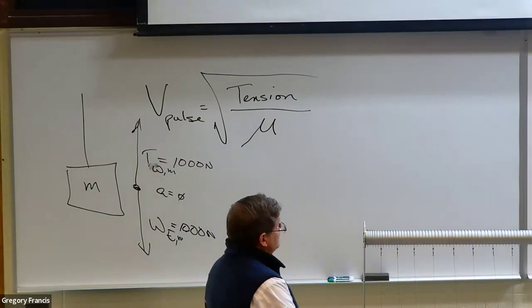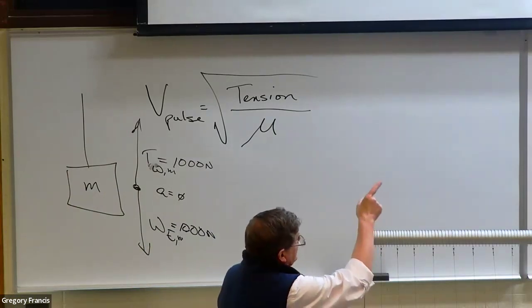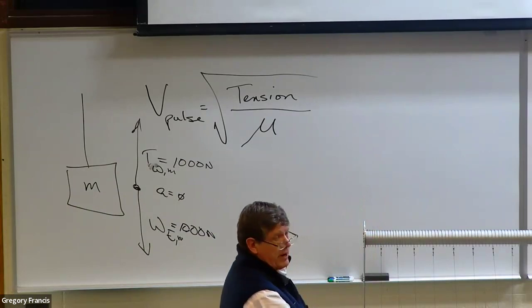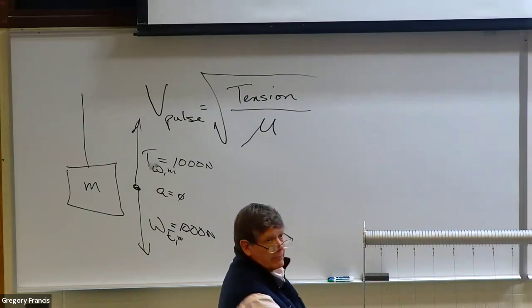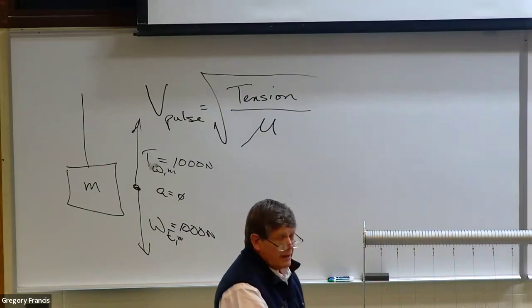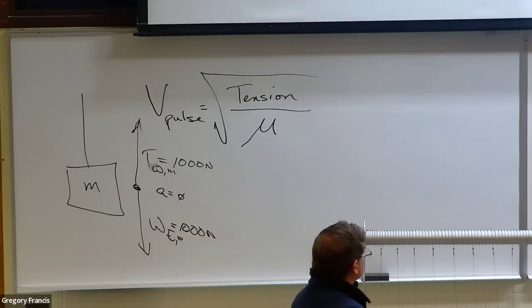Now, you might argue that the tension is going to be a little bit bigger at the top of the wire than at the bottom. At the bottom of the wire, we're just supporting the 100 kilogram block. But at the top of the wire, we're supporting both the 100 kilogram block plus the wire.